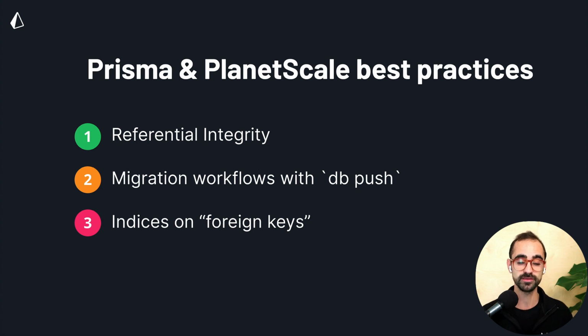And this leads to full table scans when relations for a query are fetched. In order to avoid these full table scans, which can slow down your queries and also increase your bills on PlanetScale, it is generally recommended to define indices on these foreign key fields, and we're going to take a look at how to do that.